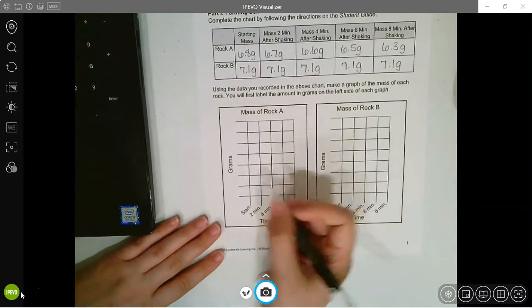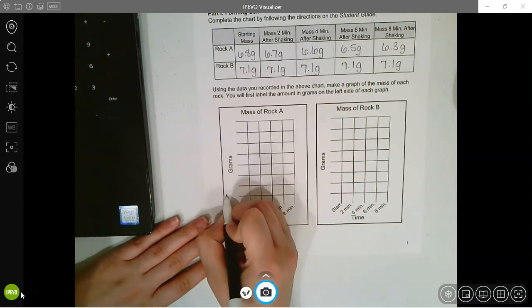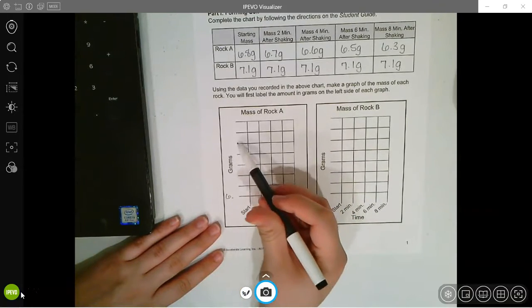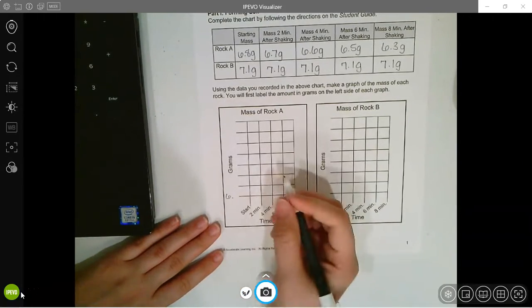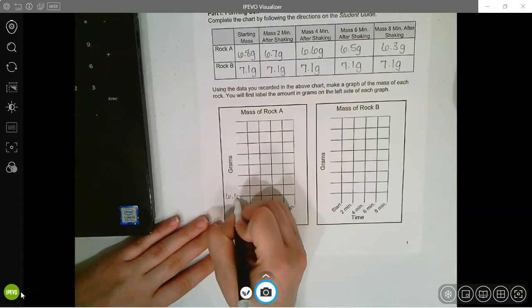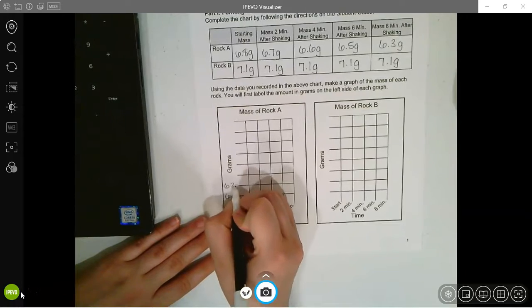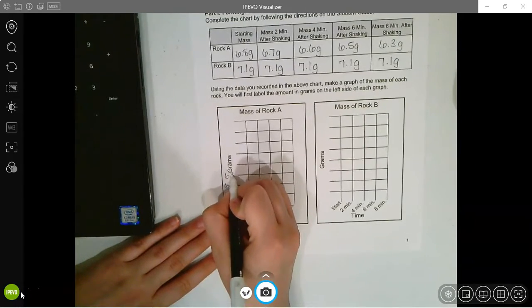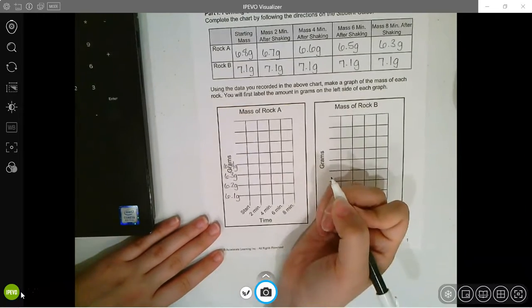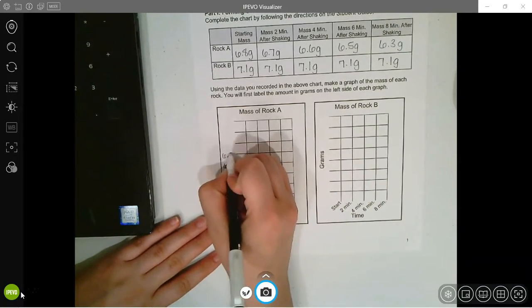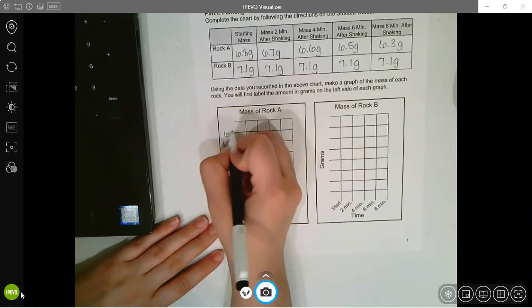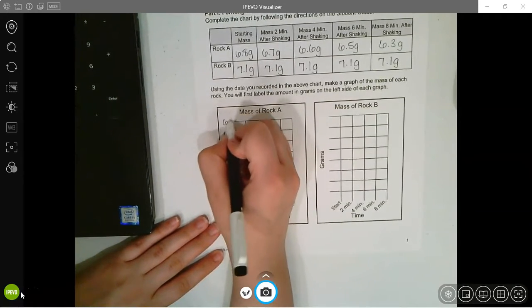So on rock A, we're going to start at, let's see, we'll start at 6.1, 6.2, 6.3, 6.4, 6.5, 6.6, 6.7, and 6.8.